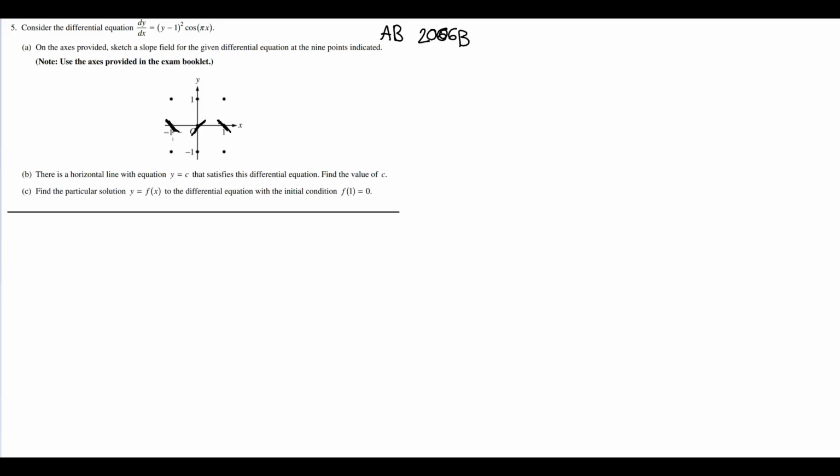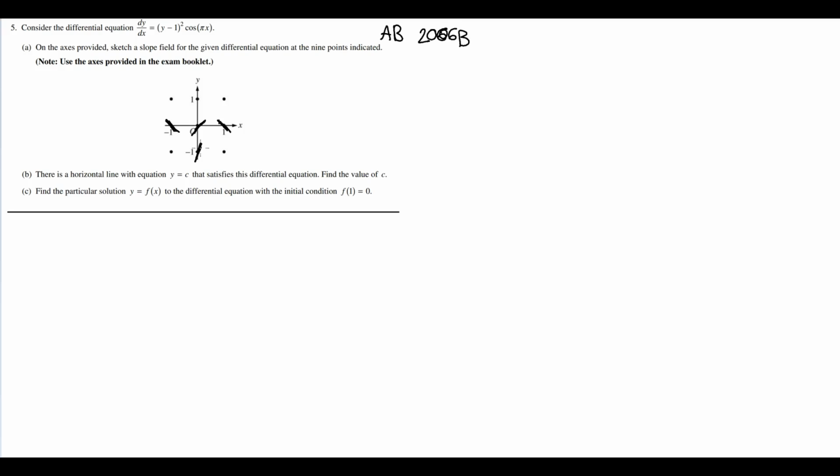Now what about if y equals negative 1? Negative 1 minus 1 is negative 2, squared is 4. So we'll have 4 times cosine of 0, which is 1, so the slope is 4.